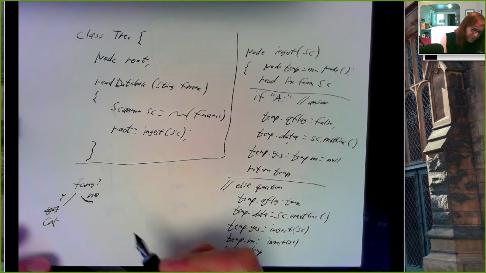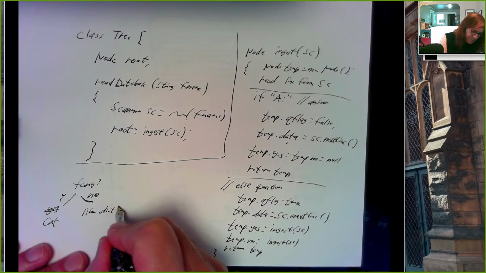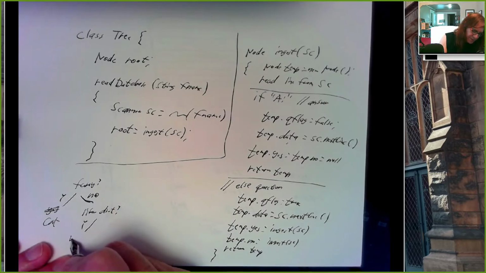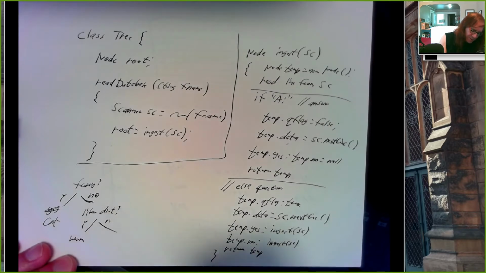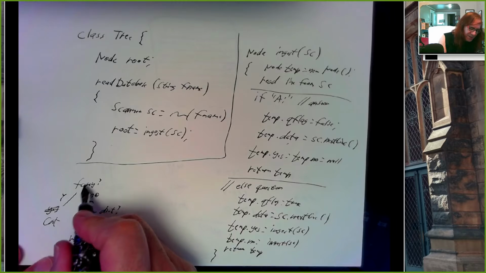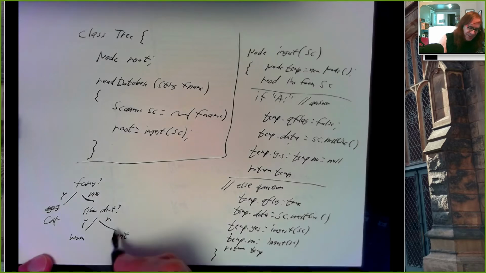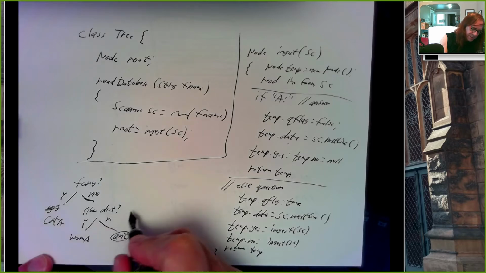No. Does it like dirt? And if yes, it's a worm. And if no, it's an ant, although I think ants like dirt too. So as you're playing the game, you're going to ask a question, you're going to move left or right. You need to know when to stop, right? You stop when you get to an answer node. So those are answers, these are questions.